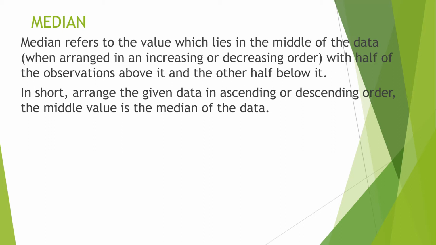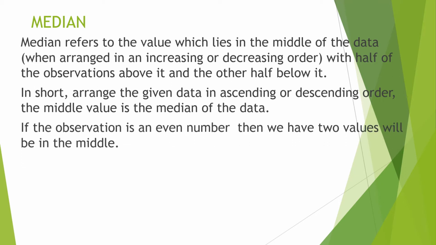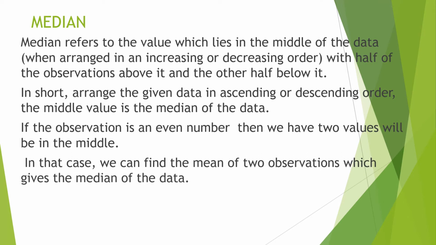The middle value is the median of the data. If the number of observations is even, then we have two values in the middle. In that case, what will be the median? We have to find the mean of these two values, which gives the median of the data.